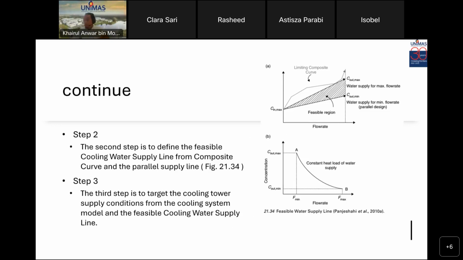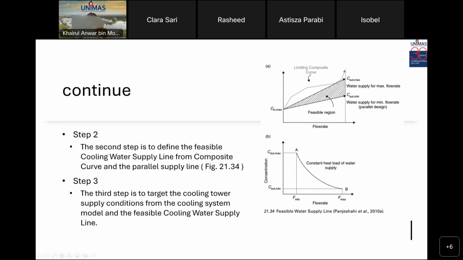So figure 2134 is actually the line AB representing the attainable condition from the cooling tower model by changing the configuration from centralized to distributed arrangement.